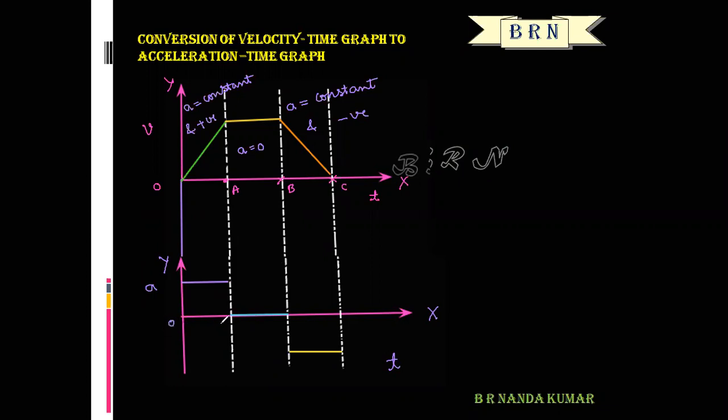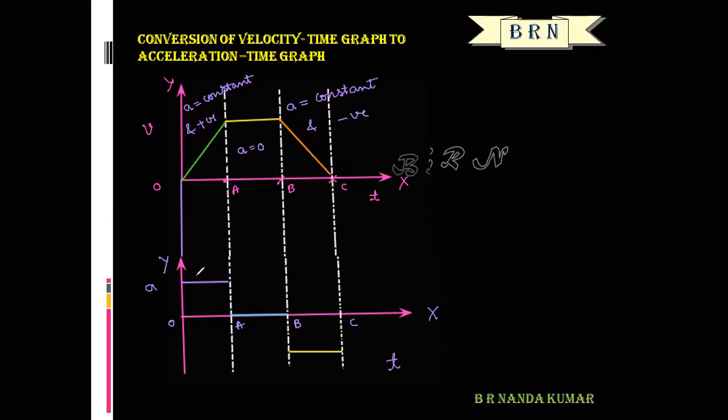So this is the origin, O to A, A to B, and B to C. In the time interval O to A, the VT graph clearly shows that acceleration is constant and positive.